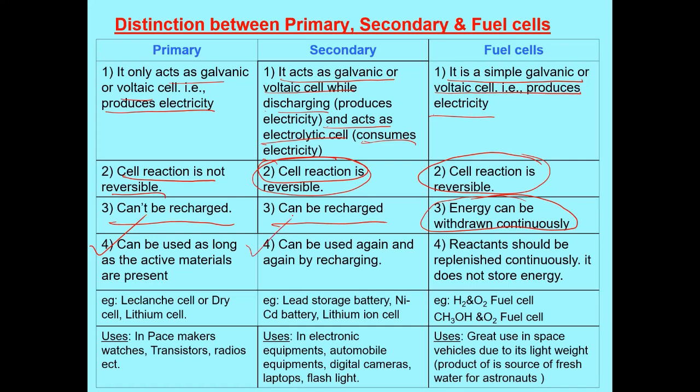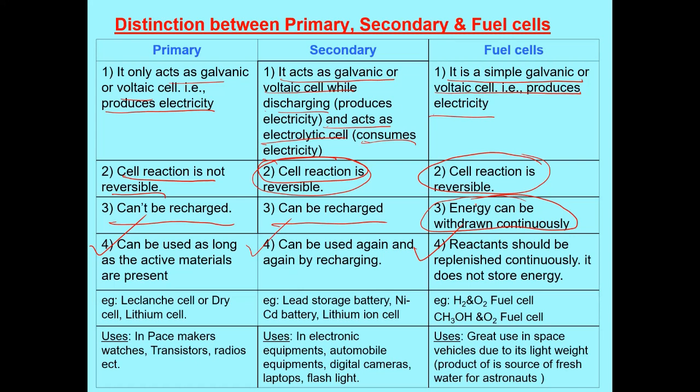Now, in case of secondary cell, it can be used again and again by recharging. When it is discharged, you can put electricity in for the reversible reaction, then the energy will be stored and you can use it again. Now, in case of fuel cell, the reactants should be provided continuously. As long as you provide the fuel and oxidant, it will act continuously.